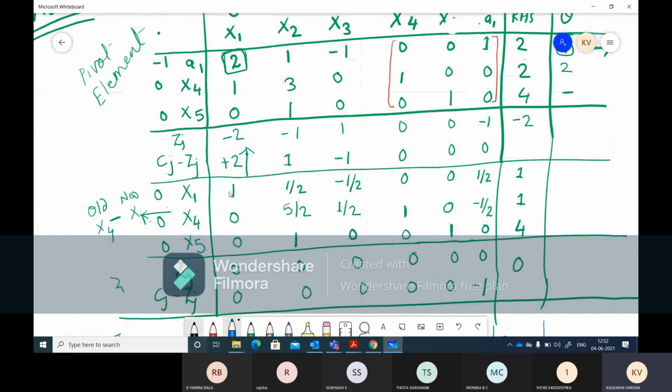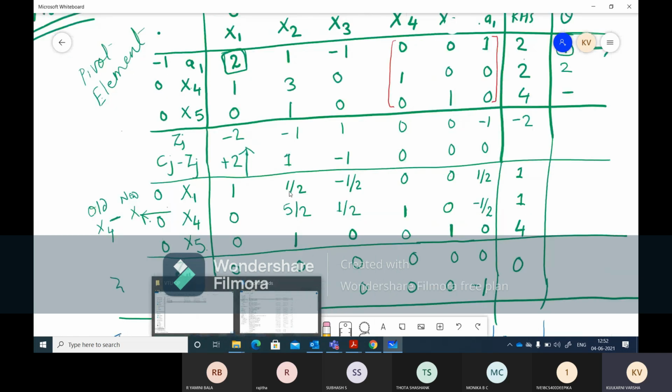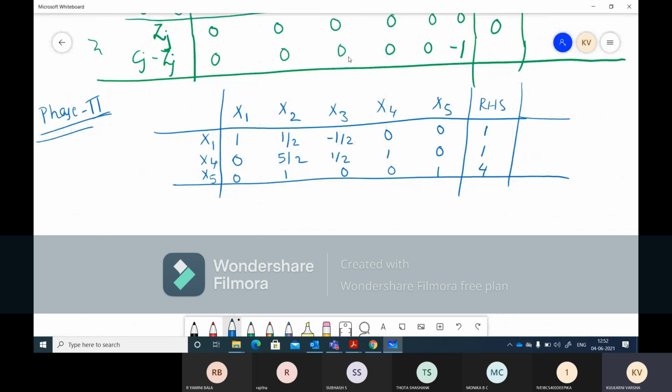In the objective function, the coefficients are 3 and minus 1 for x1 and x2. So here you have 3, here minus 1, this is 0, this is 0, this is 0. For x1 it is 3, for x4 and x5 it is 0. So we got this. Let us calculate the Zj.